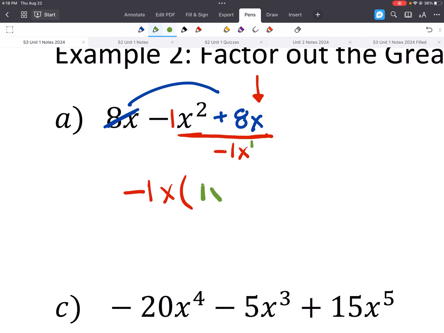So this would just be x. And then we'll do the next term. 8 divided by -1 will give us -8. And then when we divide the x's, those would divide to 1, or you could just say they cancel out, okay? So that is our factored form of this expression.